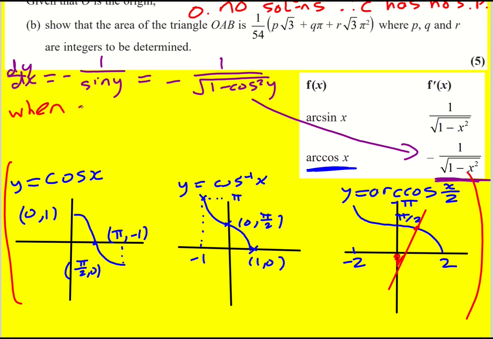Now we're looking at when x is equal to 1, and we're going to get y is equal to arc cos of a half, and that ends up being pi over 3. Because cos of 60 degrees is a half, but of course you can put it in your calculator. And we've worked out what dy by dx is. Of course, you need that result from before.